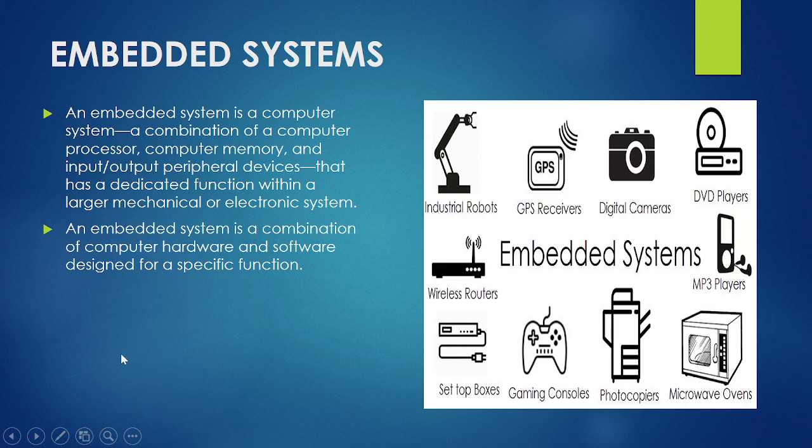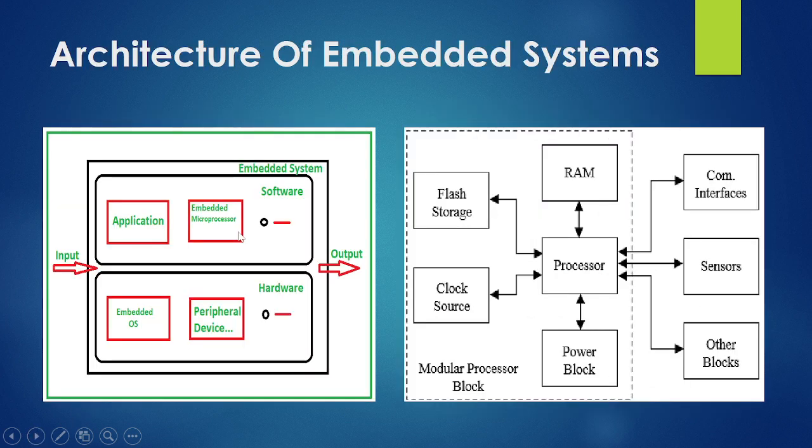Now moving on, the architecture of embedded systems. As we have discussed earlier, an embedded system includes software as well as hardware. The software part is the part in which we insert the code that we write, and the hardware part is the different peripherals that are connected together to perform a particular task.